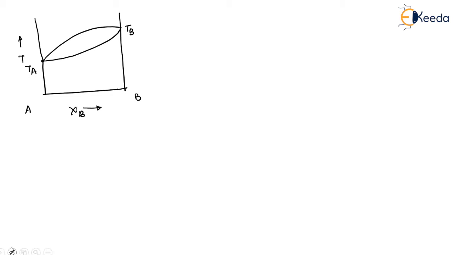And if we see, dear students, above this line is the liquidus line, and this is the solidus line. Above the liquidus line, all is liquid. Then in this mushy zone, we will have liquid plus solid.